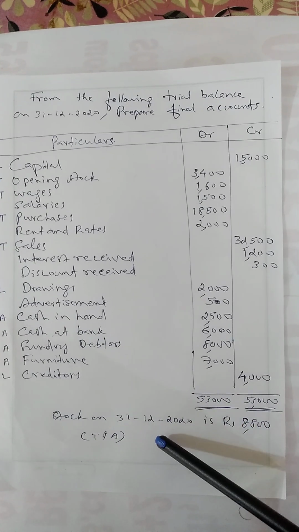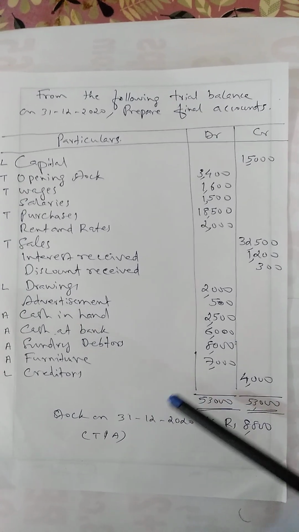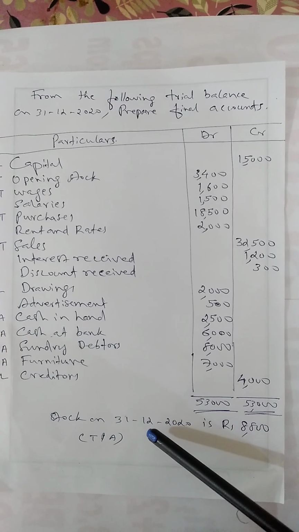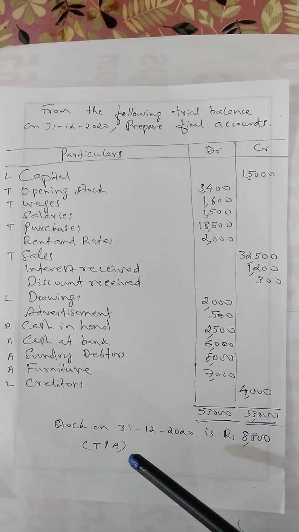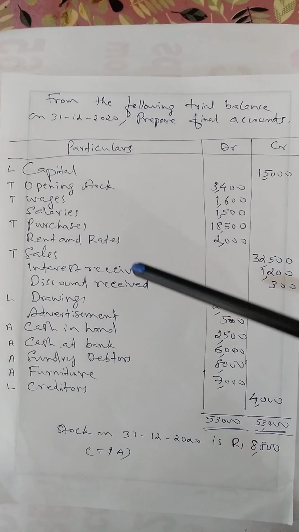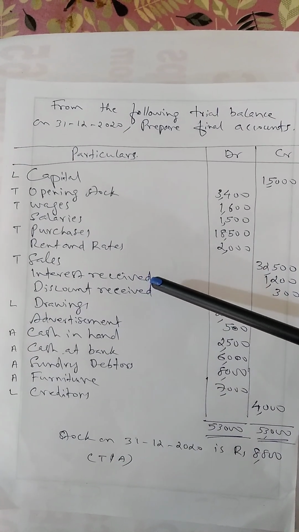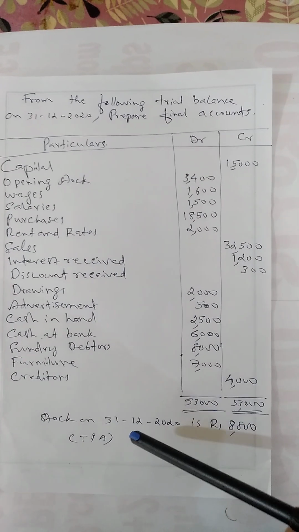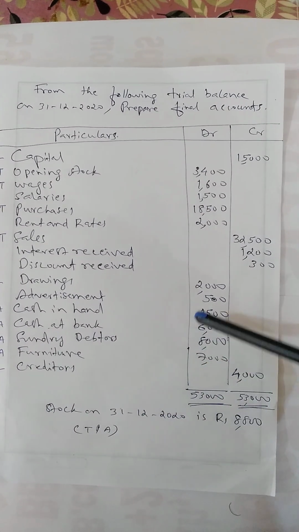As it is given as an adjustment, that means outside the trial balance, it should appear in two places. All items in the adjustment appear in two places, and all items in the trial balance must appear in only one place. Okay, how it is to be treated, that will be explained later.